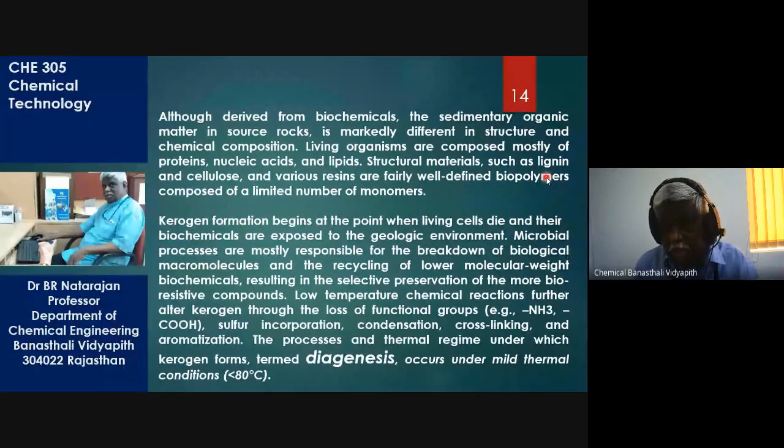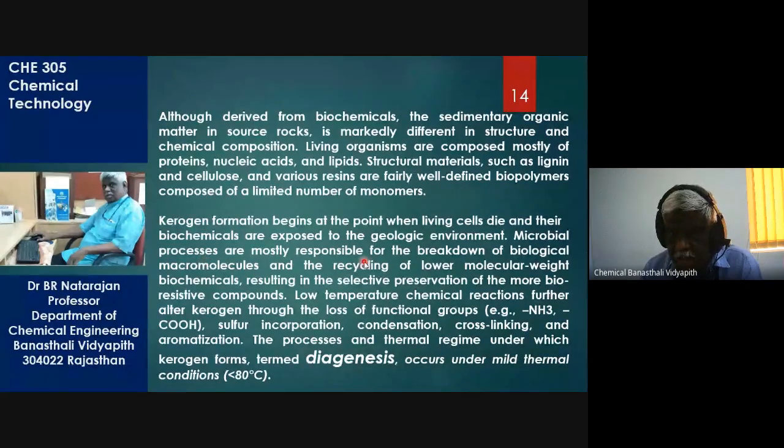So, biological material. Big animals, they all have protein, nucleic acids, and lipids. Kerogen formation begins at the point when living cells die and their biochemicals are exposed to the geological environment. So when the living cells die and they are exposed to the geological environment, kerogen formation starts.